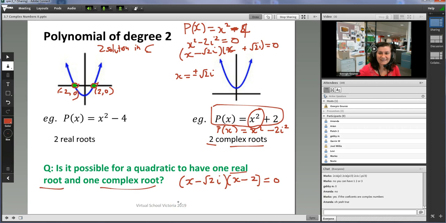We've got one. Done. But if we expand this, we'll end up with x squared minus 2x minus root 2i x plus 2 root 2i. So if we expanded that, as you can see, the coefficients aren't real numbers. So there you go. It's interesting.